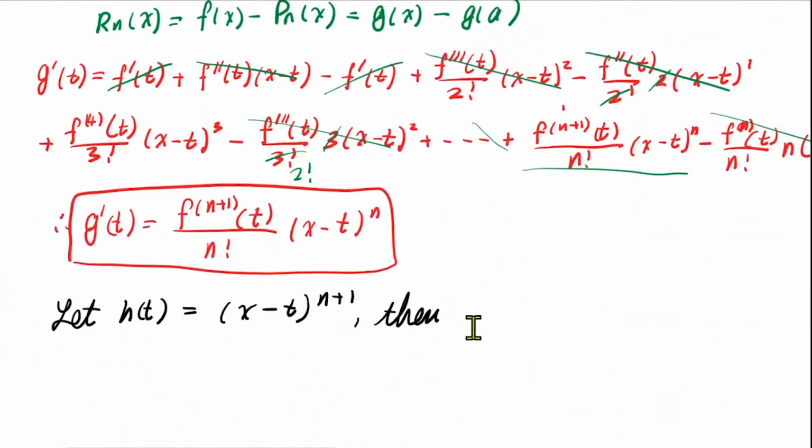So h prime of t, the variable here, do you see it will be x minus t, so this n plus 1 comes here, and then we have n's power, and then chain rule, we'll put a negative sign in front, right? You with me? Are you with me?